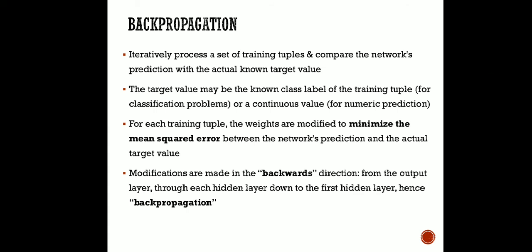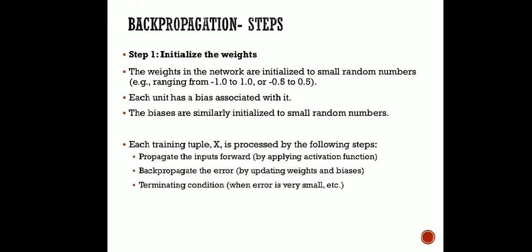Fine. So the steps involved in backpropagation: step 1 is initialize the weights. To begin with the process, we have to initialize the weights. Arbitrarily we will fix some weights ranging from -1 to +1, or from -0.5 to 0.5, right? These are small random numbers. Accordingly, first we will initialize them, and each unit has a bias associated with it.